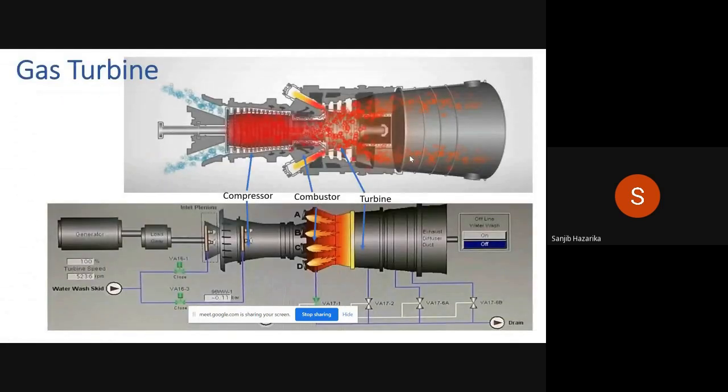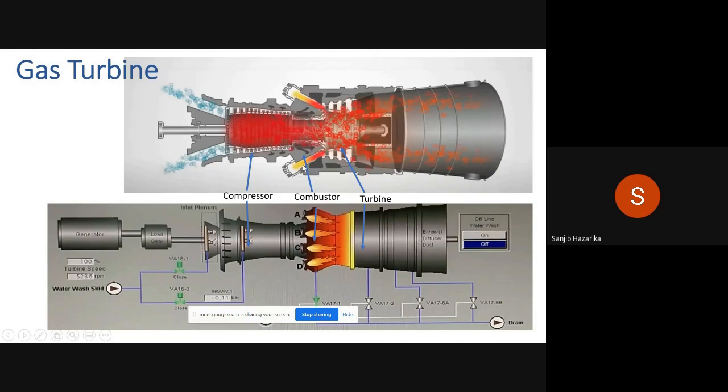How does it look? The top one is the cross-section view, and the bottom one is how it looks from a DCS. So here we can see this is the inlet of the compressor. When it starts compressing, the gas temperature also slightly increases, and it goes to a combustor. This is the combustor section.